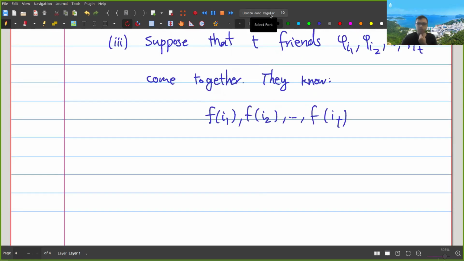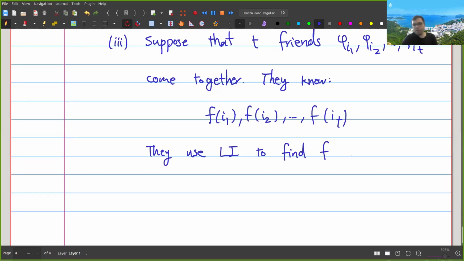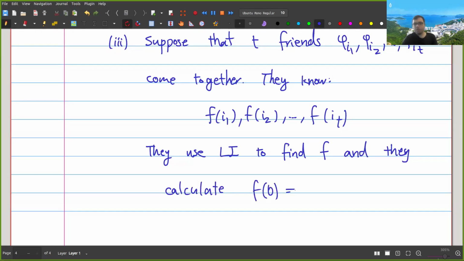So very easy, they use Lagrange interpolation to find f, and then they calculate f of 0, which is the secret s. So if t friends come together, they can successfully find the secret.